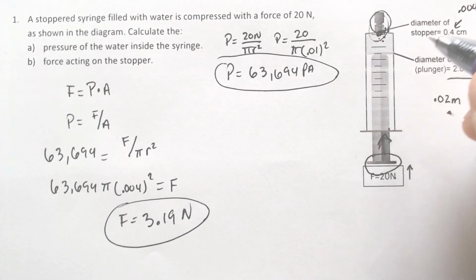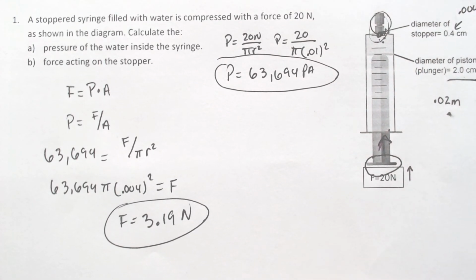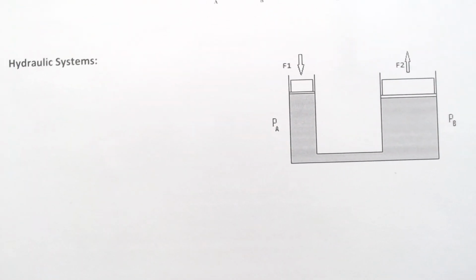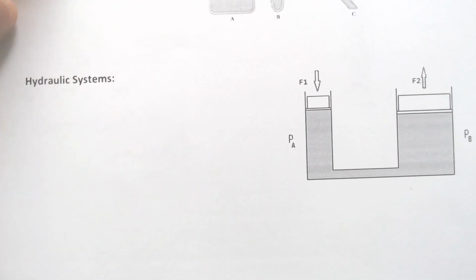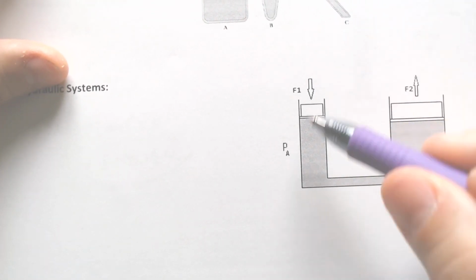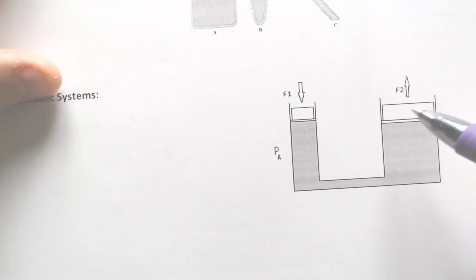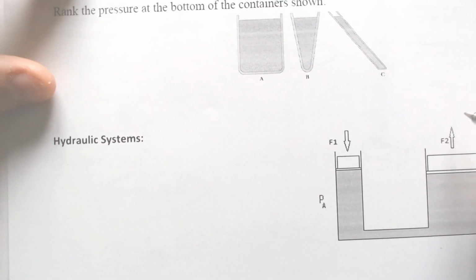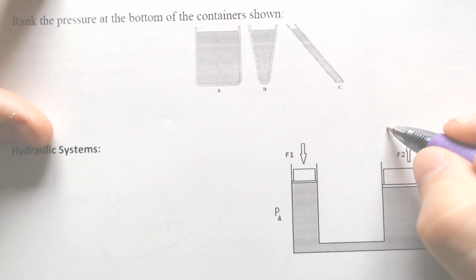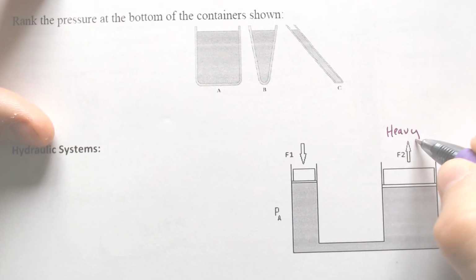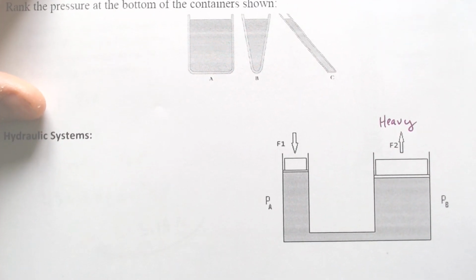And that is something that will lead us into the very next problem, which is hydraulic systems. I'm not going to do all of this one here. This is going to segue us, all right? In this scenario, if we have a car on this side, which is what we typically would have, we'd have something very heavy over here, something that you would typically not be able to lift.